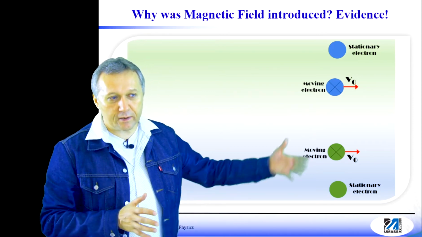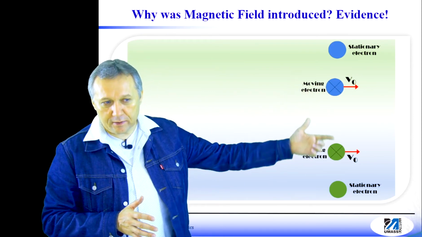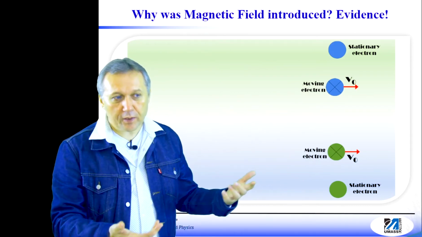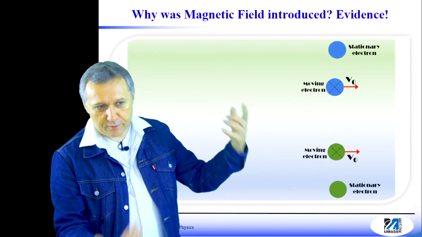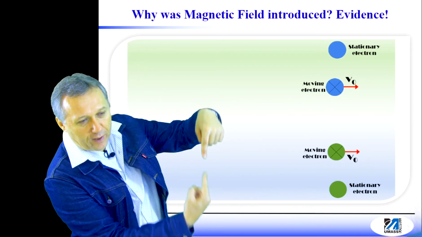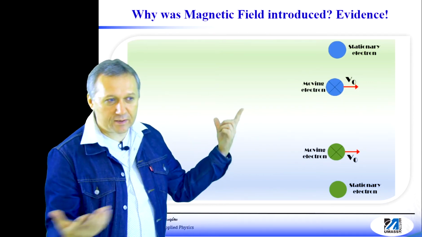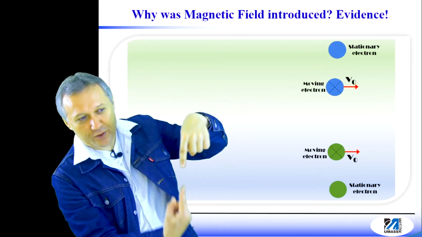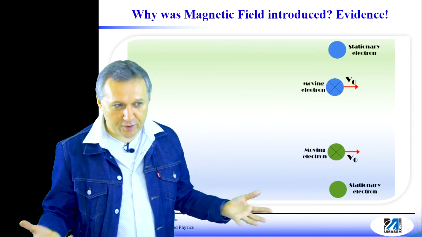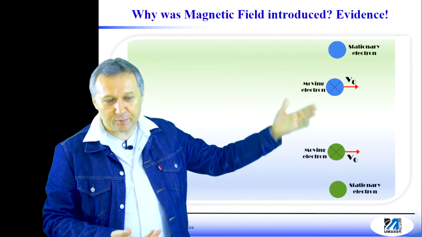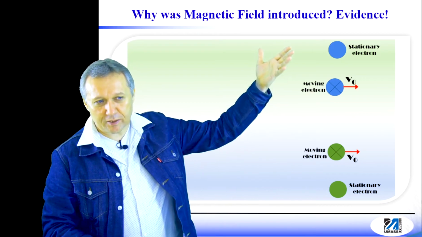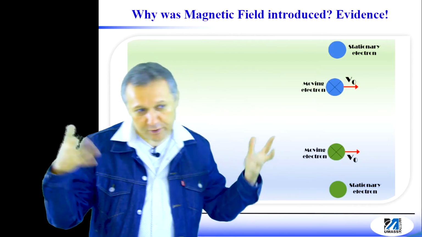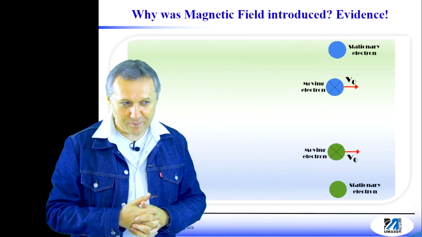As a result, when these electrons move, there is also a magnetic force acting between them, and that force is a force of attraction, right? As they move, the electric force tries to repel them, but the magnetic force tries to attract them, bringing them closer to each other. As a result, the net displacement is smaller than the net displacement for stationary electrons, since stationary electrons did not experience this magnetic force, which we haven't introduced yet.